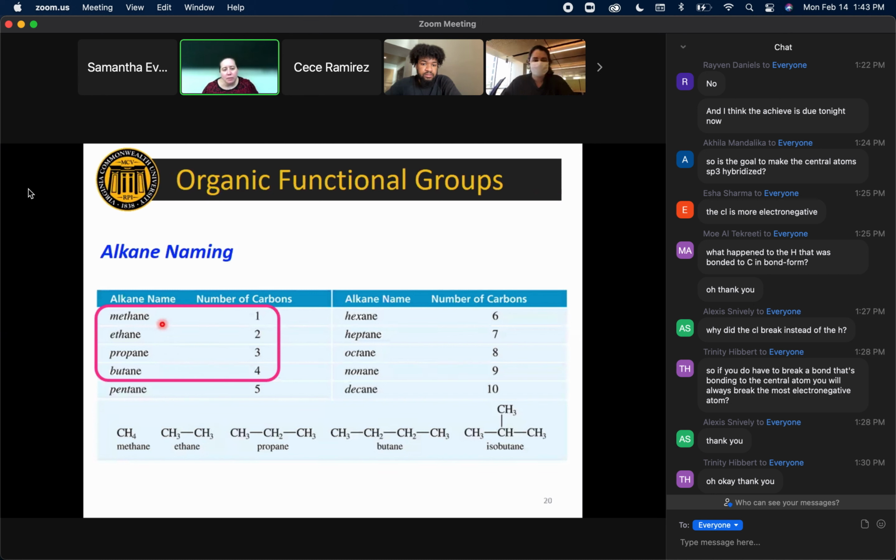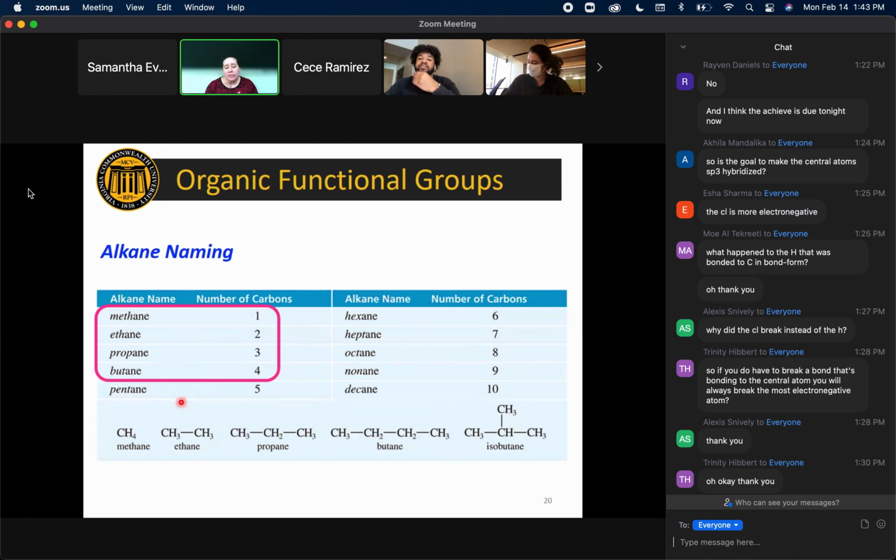But I want you to take a moment to notice that these 4 are the only ones that don't follow the Greek prefixes, right? So once you get into 5 carbons, you can use the same Greek prefixes that you already know from your past experience, like pentagon is a shape with 5 sides, right? Or hexagon is a shape with 6 sides.